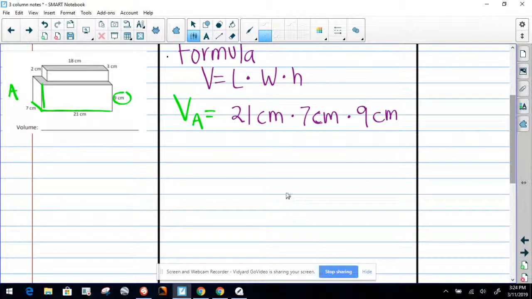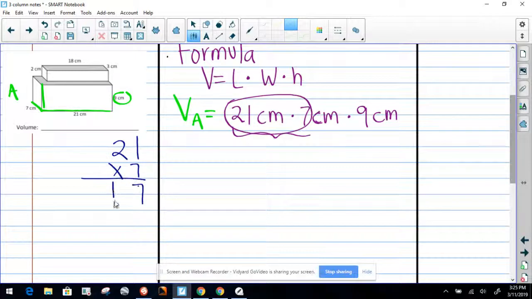Okay, so we have to do the mathematics now. We're going to have to use your brain here to think. Let's do the area first. These two are going to give us the area, remember? Length times width. So let's do that on the side. 21 times 7. 7 times 1 equals 7. 7 times 2 equals 14.